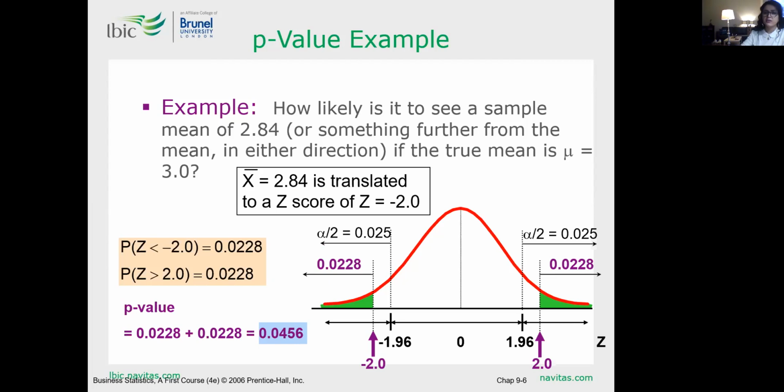Here you can see one example. We have a sample mean of 2.84, and we want to see if the population mean is equal to 3. The sample mean of 2.84 translates to a z-score of z equals minus 2.0, which you can easily find from the z table.